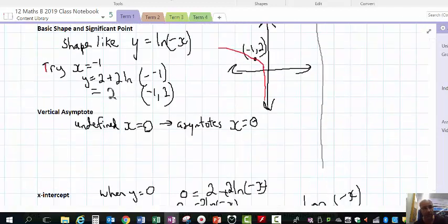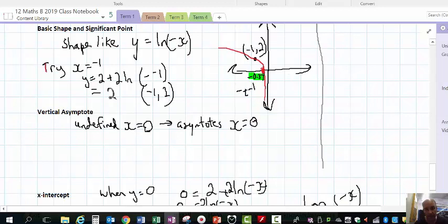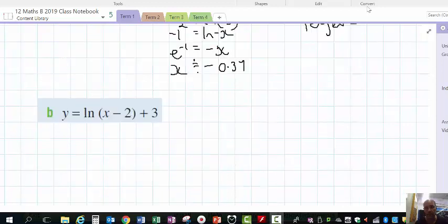And rearranging, we get x equals approximately negative 0.37, and so we could mark that on here. Instead of rounding, you could just call that point there negative e to the negative 1, if you want to use exact values, which is nice to do. It's the exact value, but they're both correct answers.